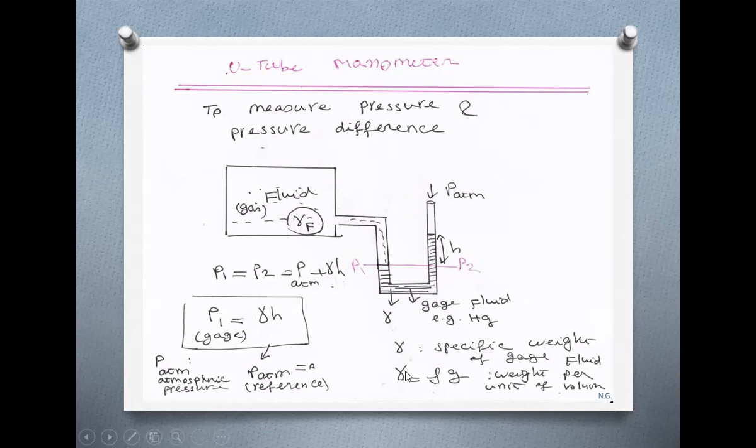And gamma, which is called a specific weight, you know how to calculate it. That's rho g, density of the gauge fluid times gravitational acceleration, g. And here we set the pressure of atmosphere to 0. That's why P1 is expressed and measured in terms of gauge. And P1 is nothing but pressure of this gas.